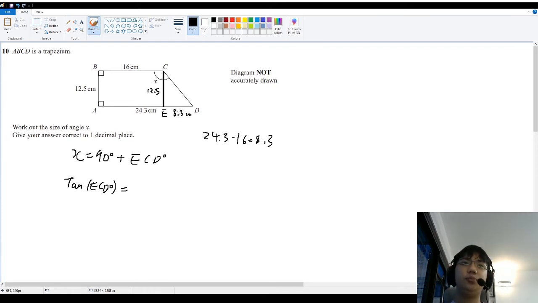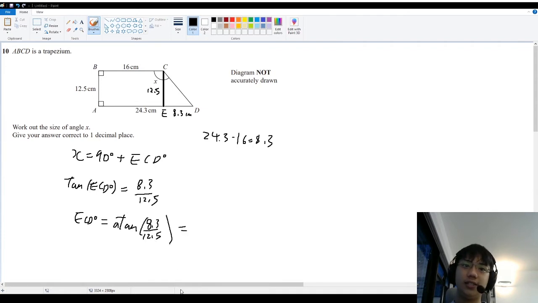So tangent is opposite over adjacent, so you have 8.3 divided by 12.5. So ECD degrees would be arctangent, the inverse function of tangent, of 8.3 over 12.5.